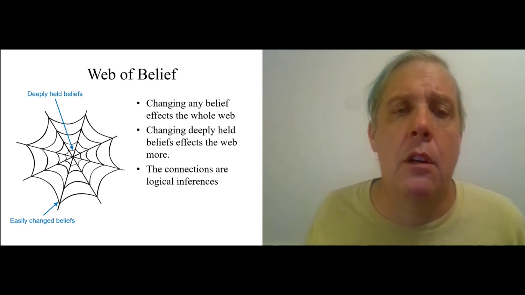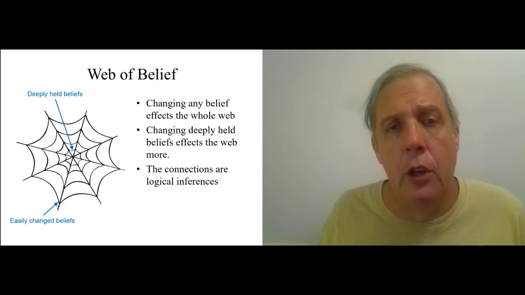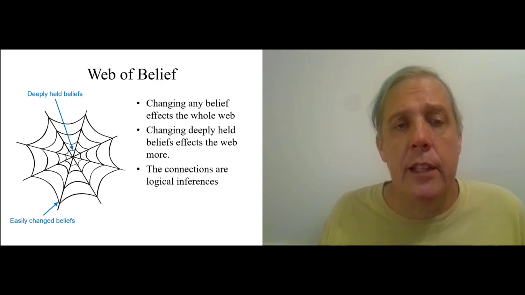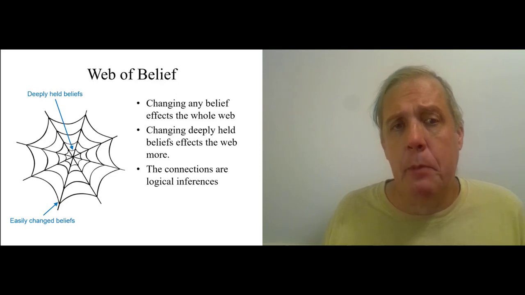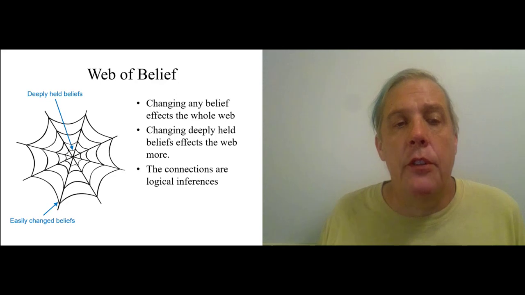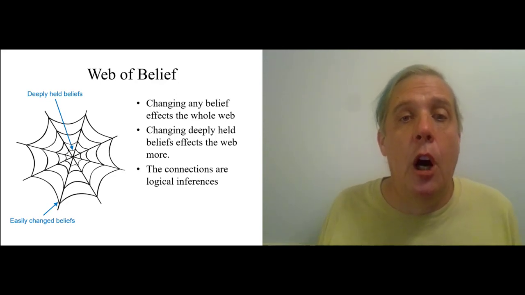This metaphor was made famous by the philosopher W.V.O. Quine. But the idea here is that we can think of our beliefs as forming a web, kind of like a spider web, right? And the connections between those beliefs are like inferences, right?